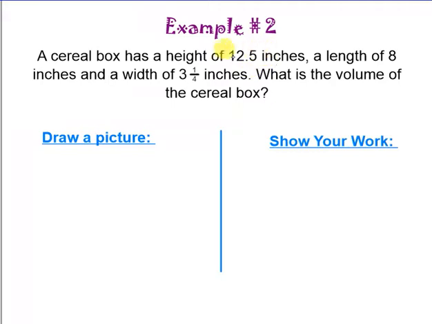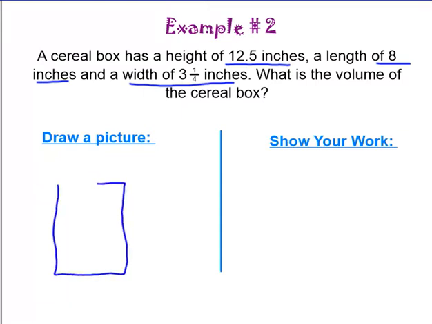So you have a cereal box that has a height of 12.5 inches, a length of 8 inches, and a width of 3 1/4 inches. So what's interesting about this problem is it's mixing whole numbers, fractions, and decimals. So first it wants us to draw a picture. So we're going to do that here to the best of our ability.